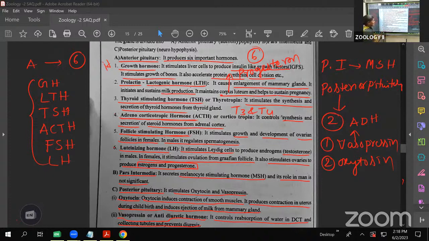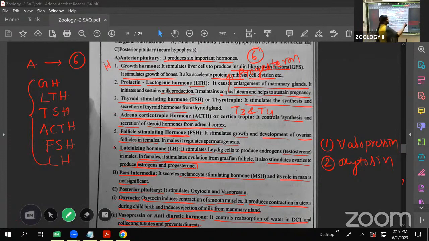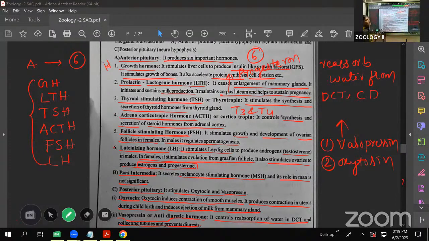What is the function of vasopressin? It reabsorbs water from the nephron, the DCT and the collecting duct, also called the collecting tube.